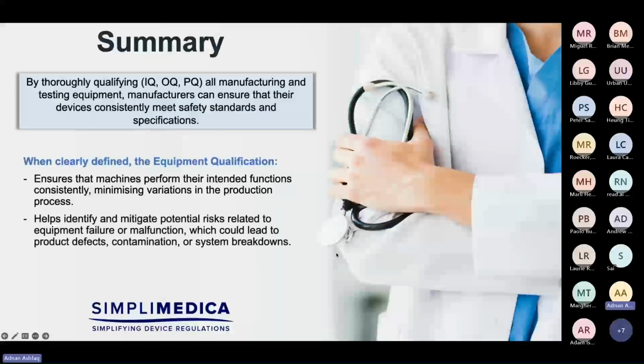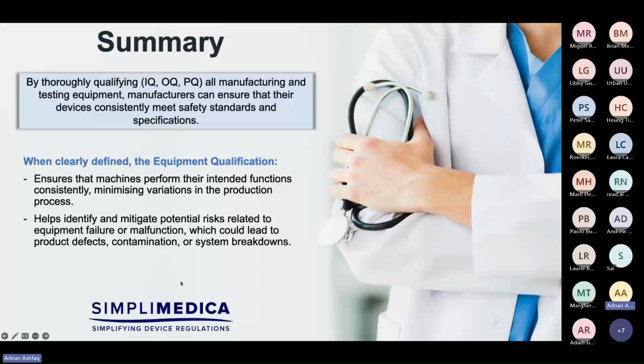So to summarize, be thorough when you're doing your qualification, when you're doing your IQ, OQ, PQ. All manufacturing and test equipment manufacturers can ensure that the devices consistently meet safety standards and specifications. When clearly defined, the equipment qualification will ensure that your machine or system or whatever you're qualifying meets the intended functions consistently, minimizing variations in the production process.